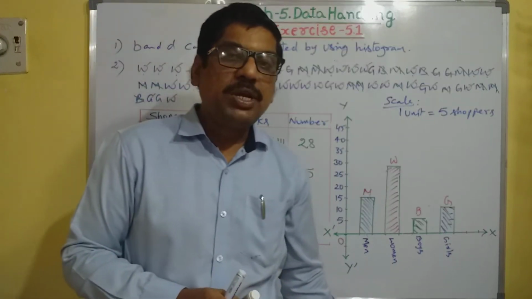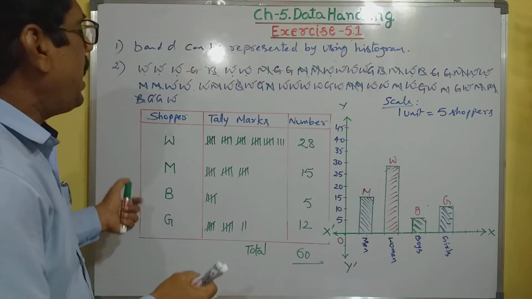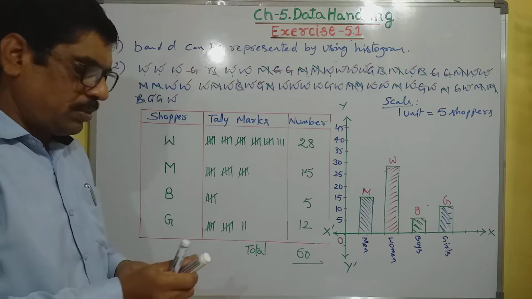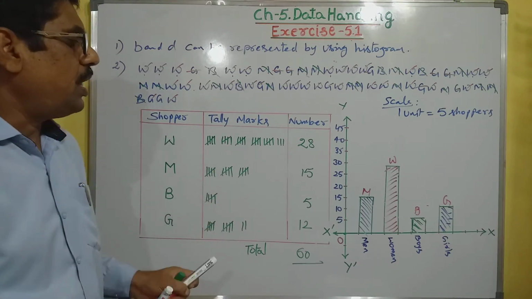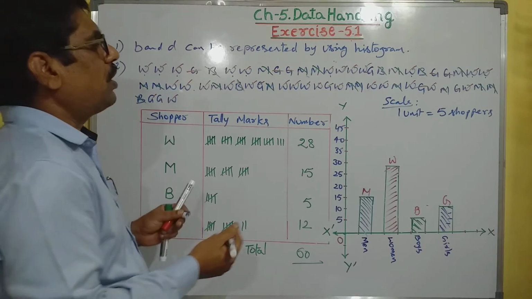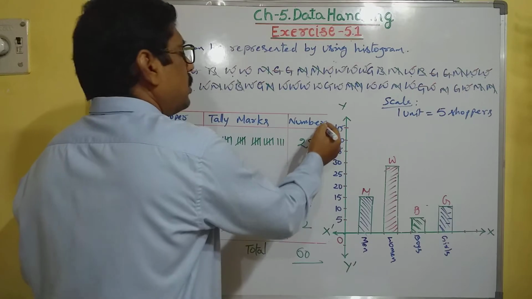So the given information, the raw data, we have made into grouped data. So we have prepared the frequency distribution table. After that, with the help of this frequency distribution table, we have drawn the bar graph also.